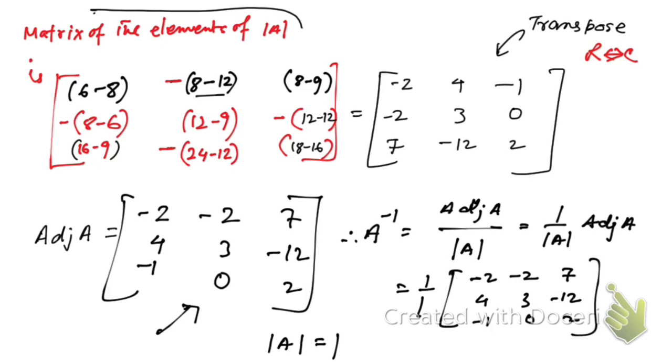This was the adjoint of A, and here we have 1 by 1. This one is nothing but the determinant of A, right?